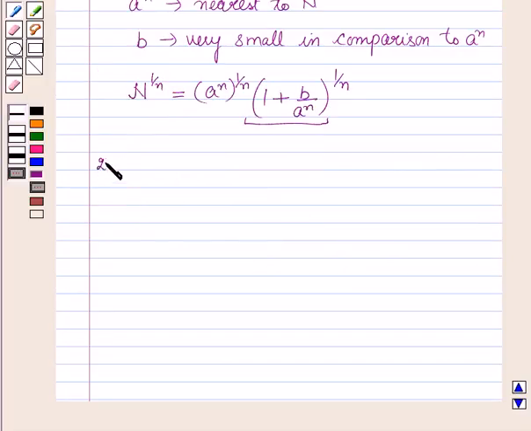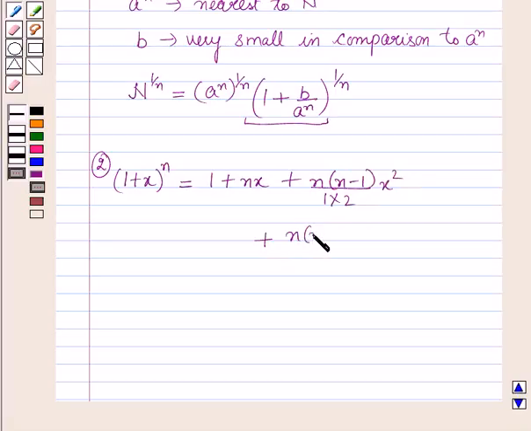Secondly, we all should know the expansion of a binomial expression, and that is (1 + x)^n = 1 + nx + n(n-1)/(1·2) x^2 + n(n-1)(n-2)/(1·2·3) x^3 + and so on up to infinity, where the absolute value of x is less than 1 and n is any fraction.